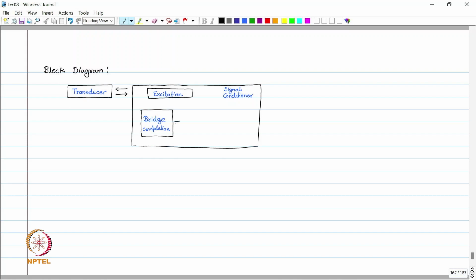Then we have the next stage, amplification. This is generally followed by a filtering unit.